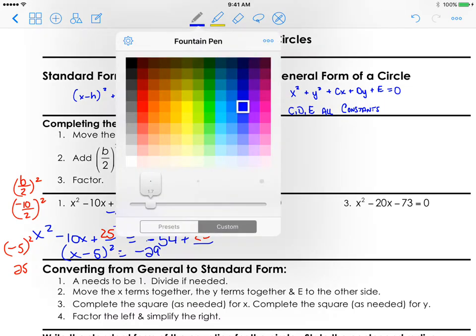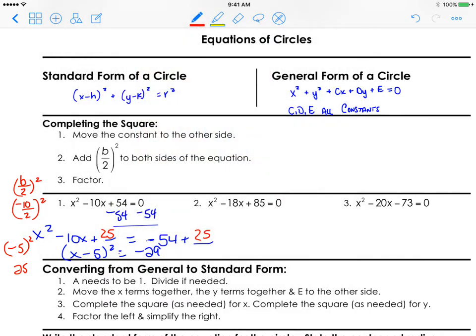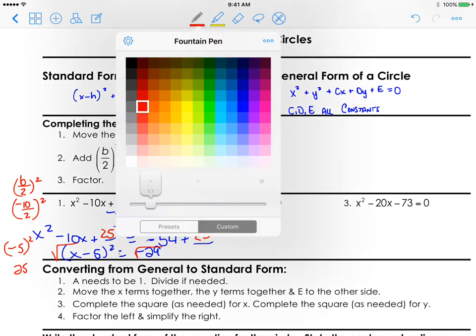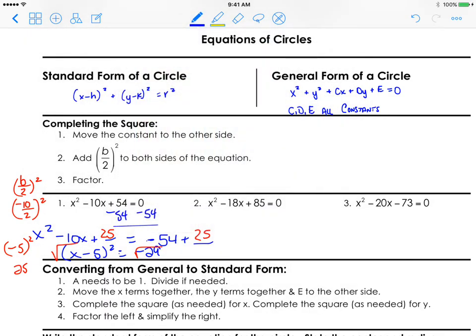If we were solving this, we'd do the square root of both sides. We're not actually going to solve it all the way because it's an i, and I don't want to confuse you too bad. But our answer would be x equals 5 plus or minus i radical 29.